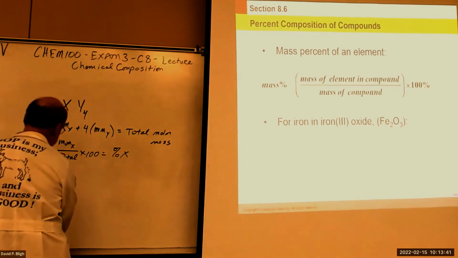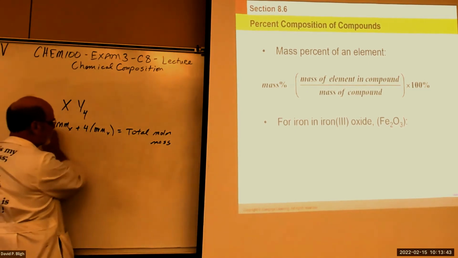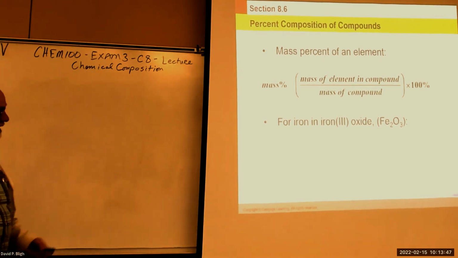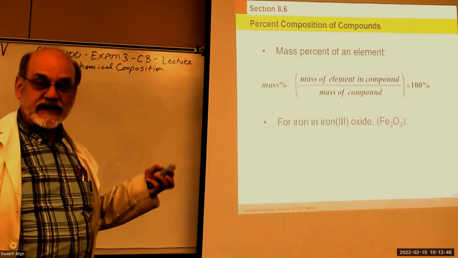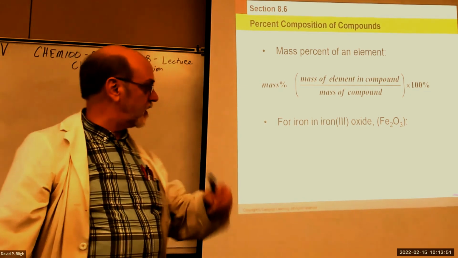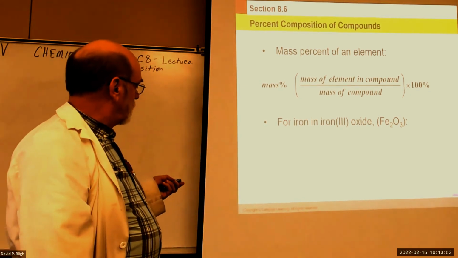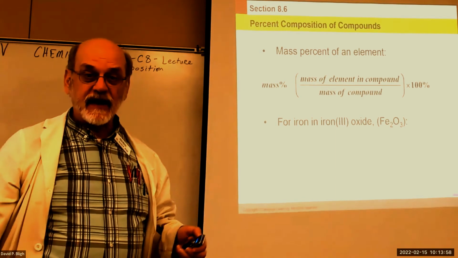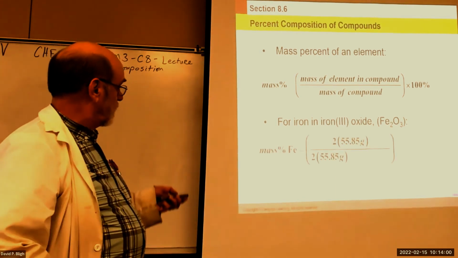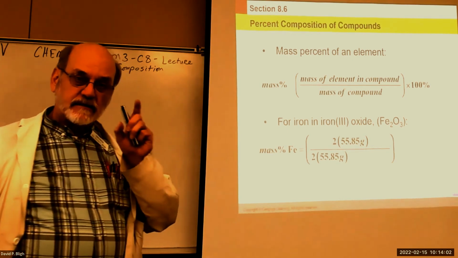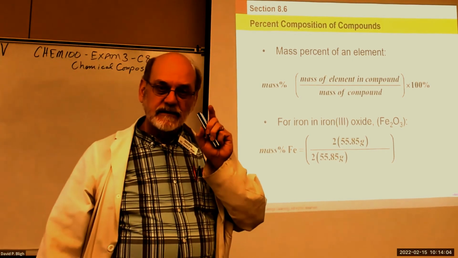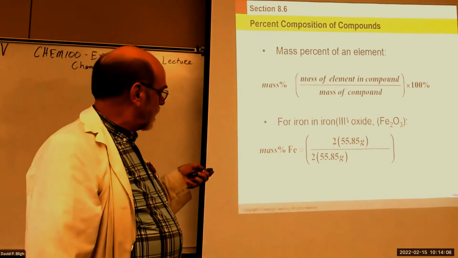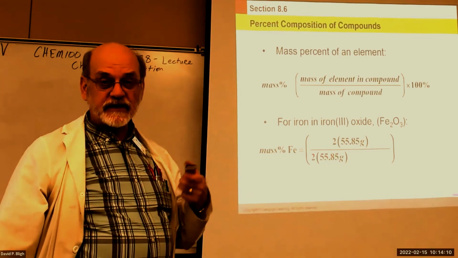Iron 3 oxide. They're kind enough to give you the compound there, along with the name. So Fe2O3 is the formula for the compound. What's the mass percent of iron in that compound? Well, you have 2 moles of iron in your numerator, but you've also got 2 moles of iron in the denominator.